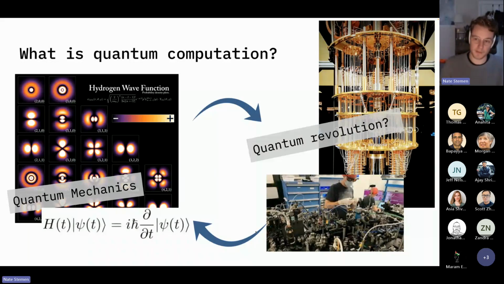Like I said, a quantum computer is the kind of pinnacle, at least currently the highest form that we can think to use the theory of quantum mechanics in terms of getting it to do stuff for us.